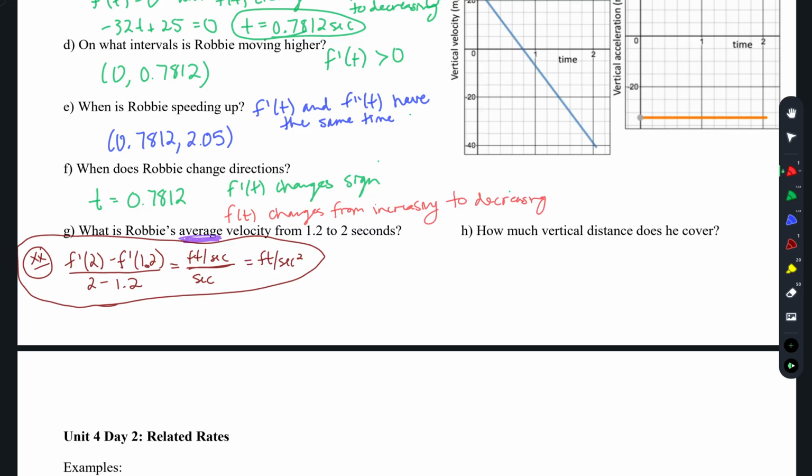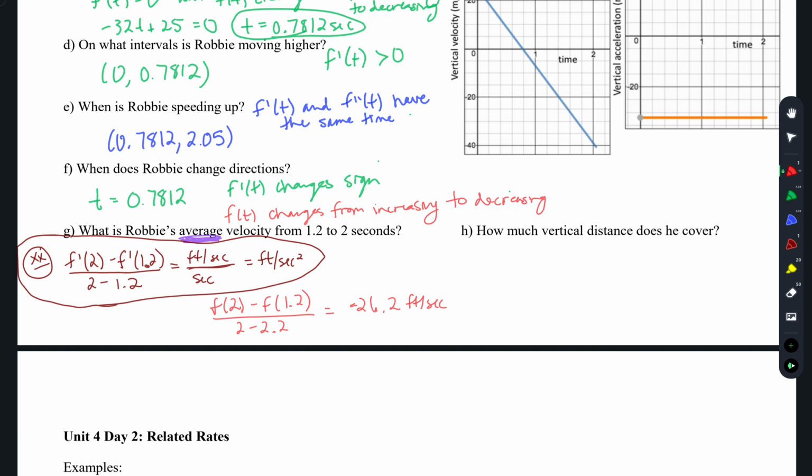So what you have to do for this one is regular f of 2 minus regular f of 1.2 because you want your units to match. Why didn't I write 12? That was weird. There you go. So that is negative 26.2 feet per second. And the reason I know it's legit is because it's literally feet over seconds.